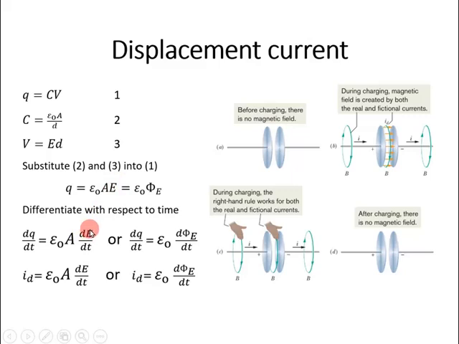So we differentiate the electric field with respect to time here. This one gives us the current, and this one is constant. Now we could also do the same thing to this one. We leave this one as constant and differentiate the electric flux with respect to time. So the current here is what we are calling the displacement current, and it is equivalent to what is here.